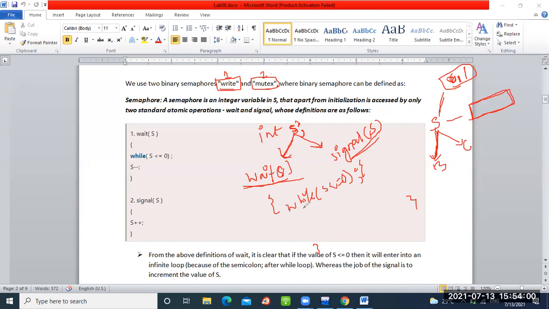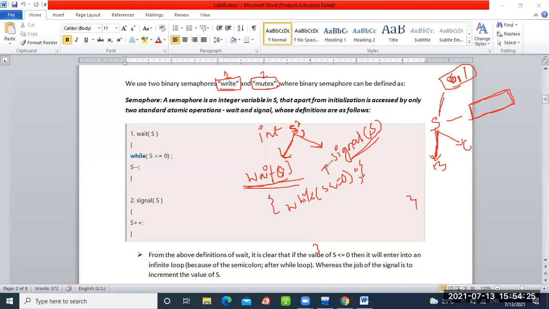So whenever I call wait of s, the first thing I have to do is check this condition: while value of s is 0 or less than 0. Assume that this is true.